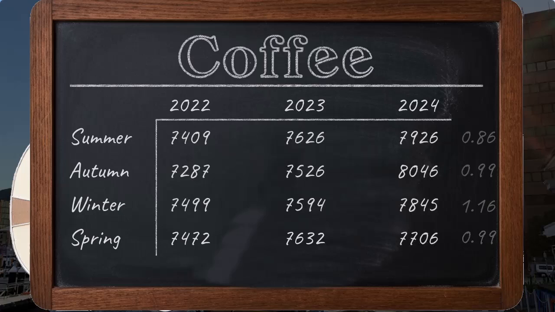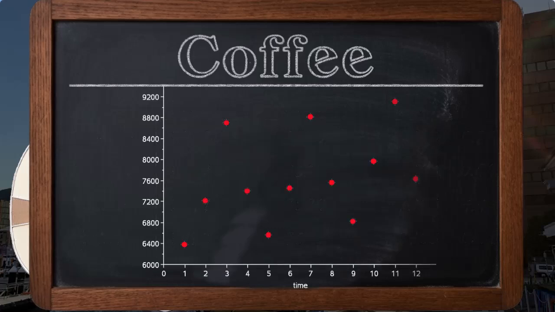Finally, we have our de-seasonalised table. To appreciate what we've done here, let's have a look at the graph and compare the original data to our de-seasonalised data.